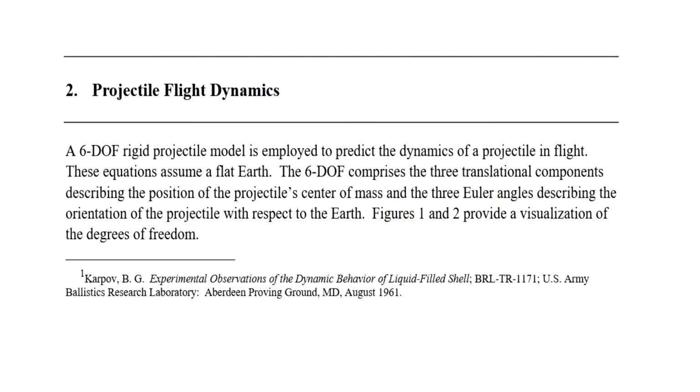On page 7, it is admitted that a 6-DOF rigid projectile model is employed to predict the dynamics of a projectile in flight. These equations assume a flat Earth. Time and again, it seems they are not just assuming a flat Earth, but acknowledging it as such.